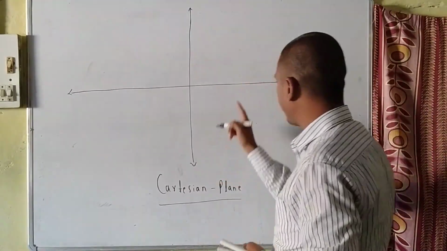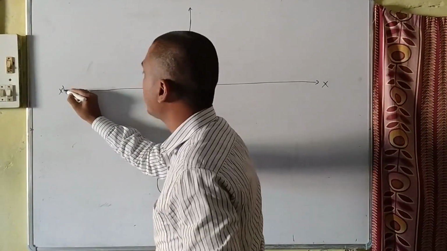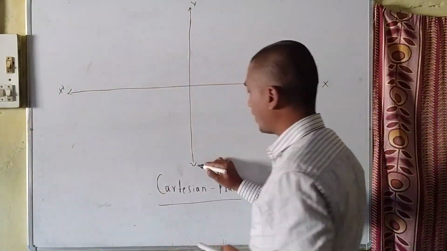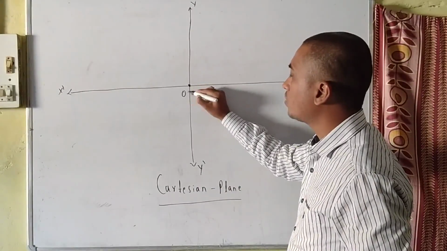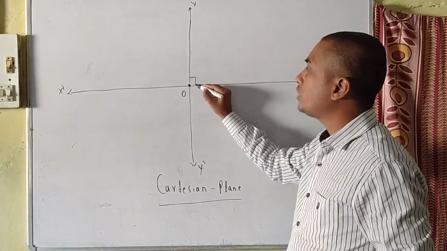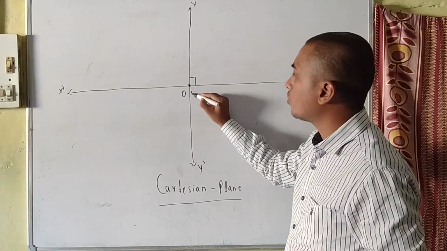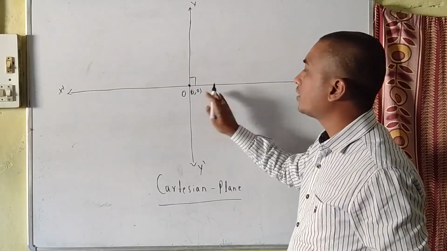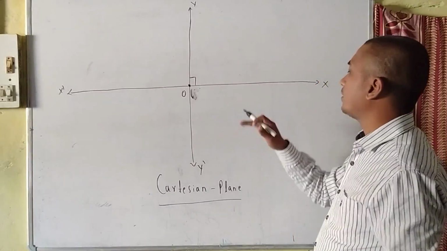It is 2D, where 1D is the x-axis, x dash, y dash. Here is the origin, that is 0, where the two axes are perpendicular to each other and meet at the origin, that is (0, 0).